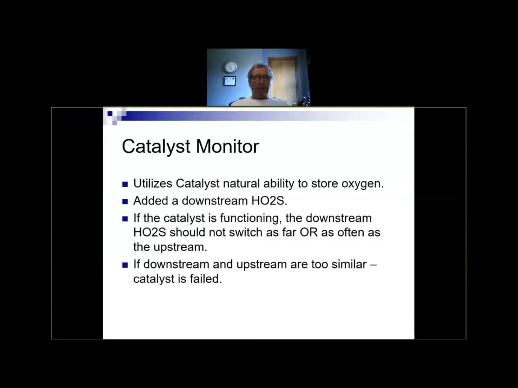And then, after it's been a long enough decel with the fuel shut off to assume there's a lot of oxygen in the catalytic converter, the computer starts fueling again, and it looks: how much fuel do I have to dump into this thing before my downstream oxygen sensor indicates rich? If it indicates rich very quickly, that means the catalyst hadn't stored very much oxygen. If it takes a long time and a lot of fuel to drive it rich, that means there was a lot of oxygen in that catalytic converter. It's functioning well.